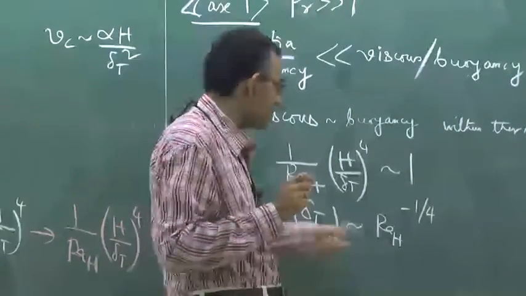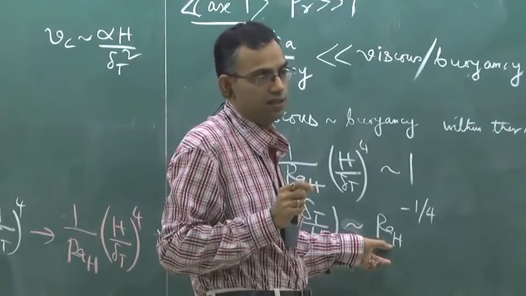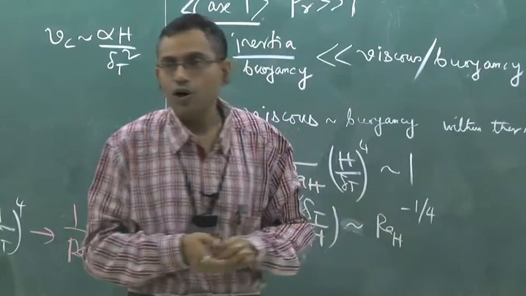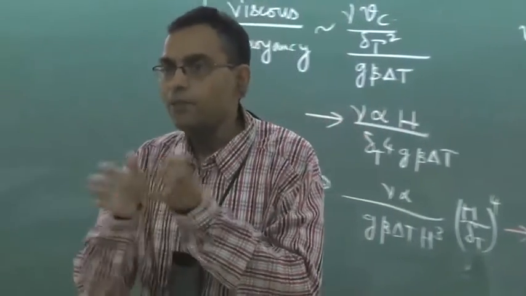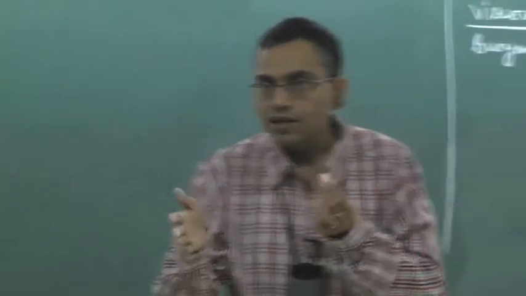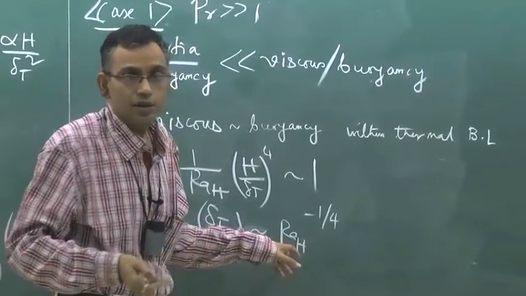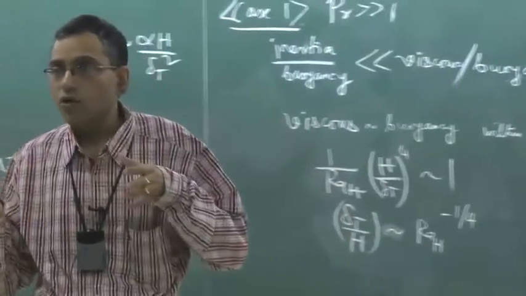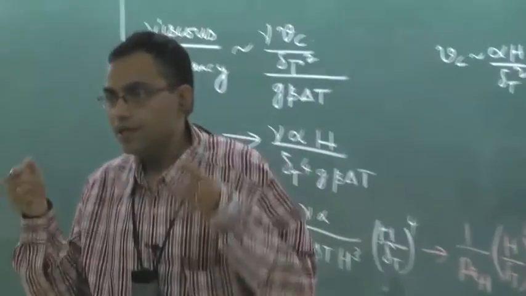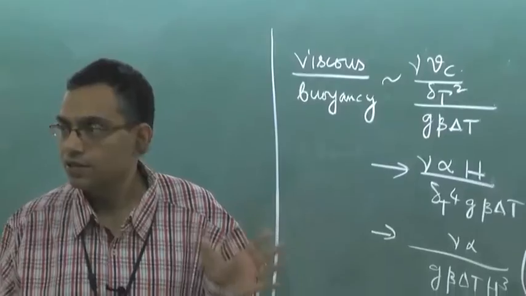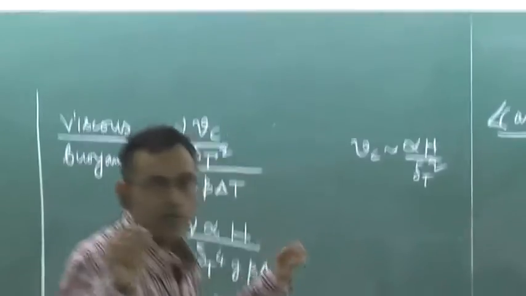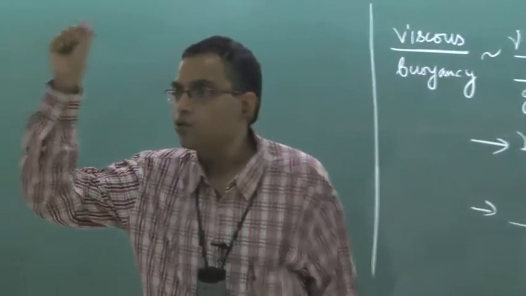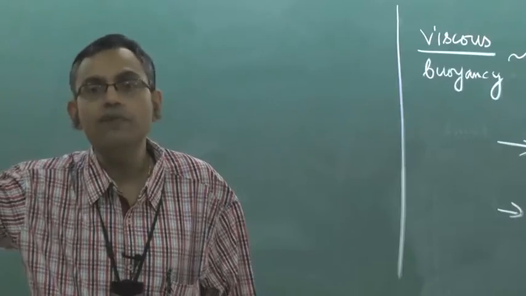So delta T is much less than H only when the Rayleigh number is large, right. Just like the hydrodynamic boundary layer analysis for flow over a flat plate is valid for large Reynolds number, similarly here the situation is coming for large Rayleigh number. For thermal boundary layer in forced convection, it is Reynolds number into Prandtl number, but it is basically related to Reynolds number to the power n into Prandtl number to the power m, where n and m may be two different coefficients.